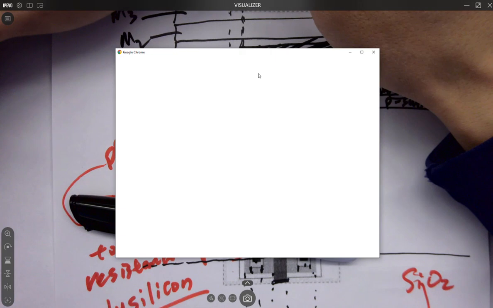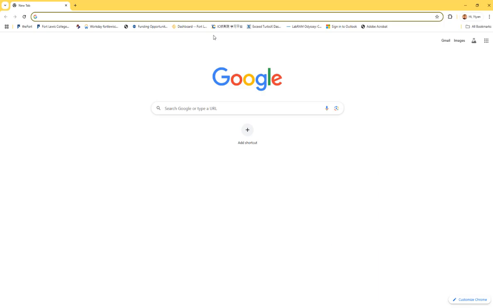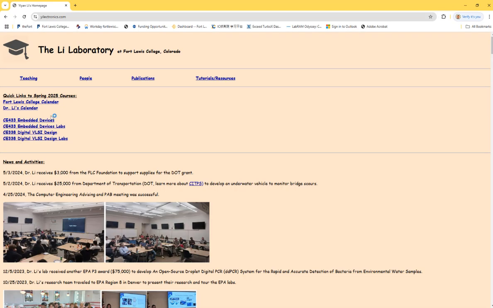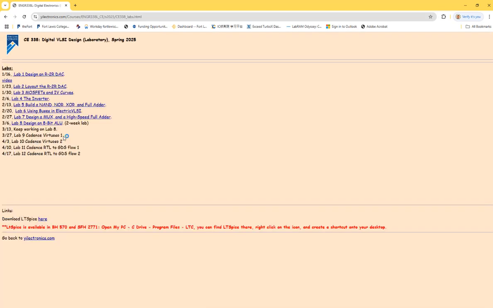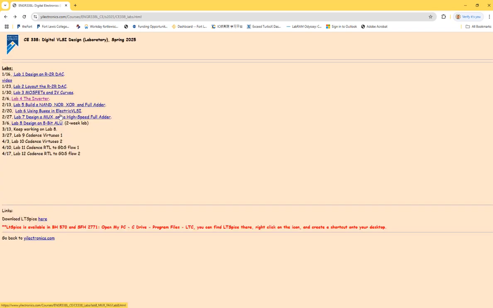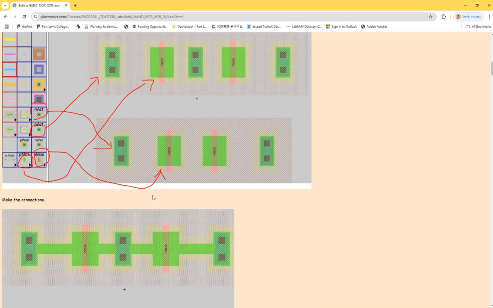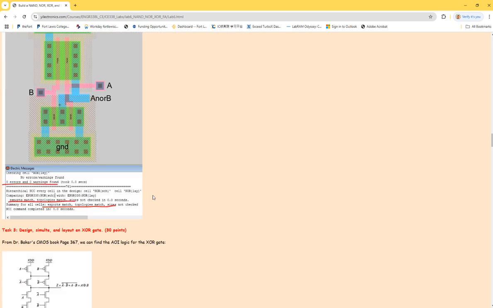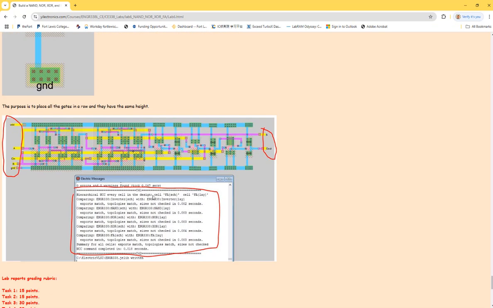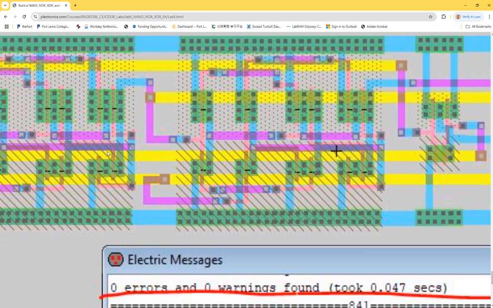Let's look at some of the layout examples. Let's look at this. Let's look at one. A little bit more integrated ones. Okay, like this guy, all right? So the pink color is poly as a gate, all right?